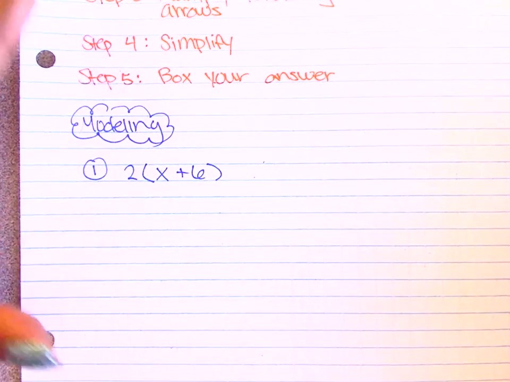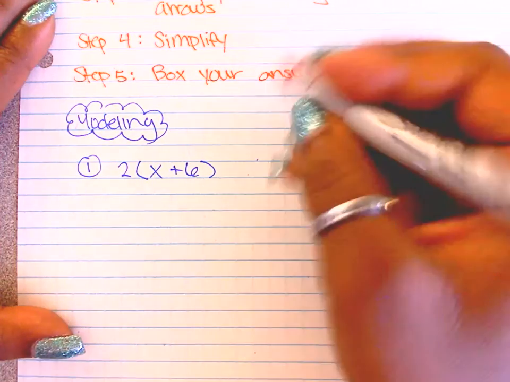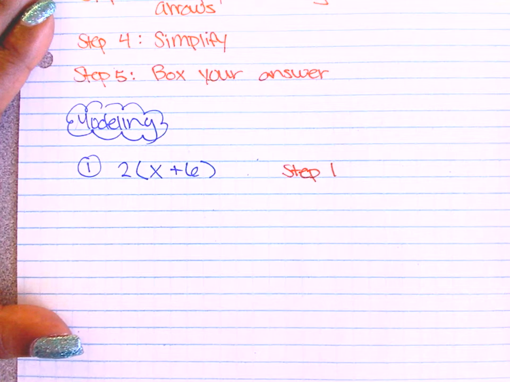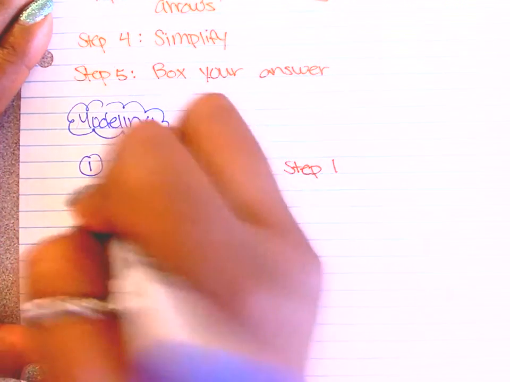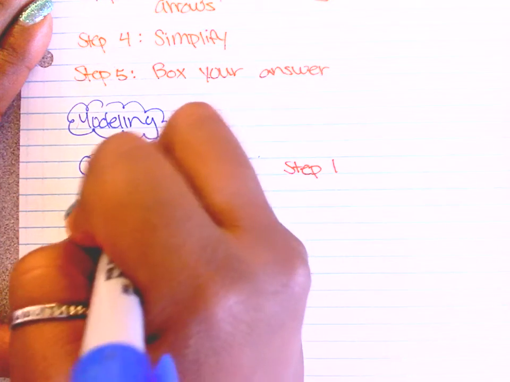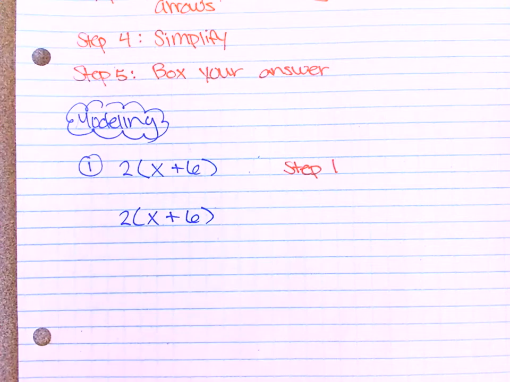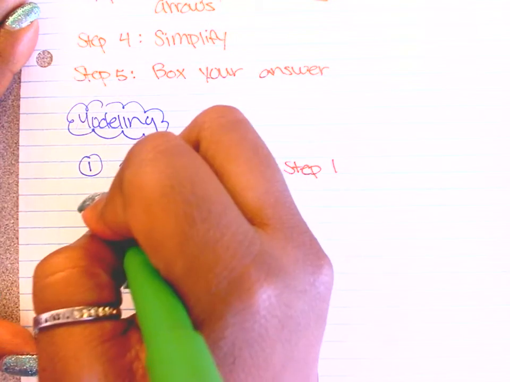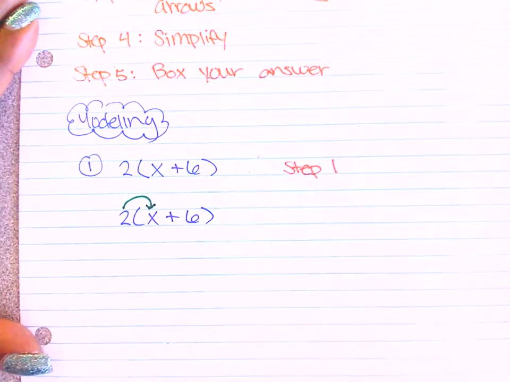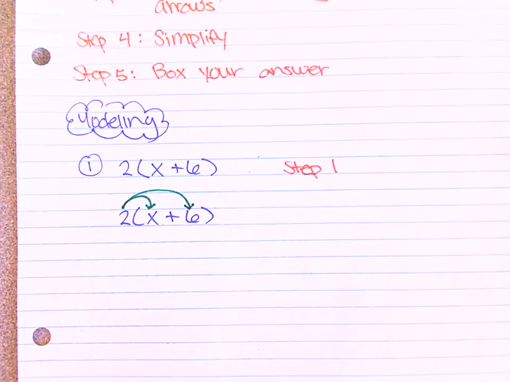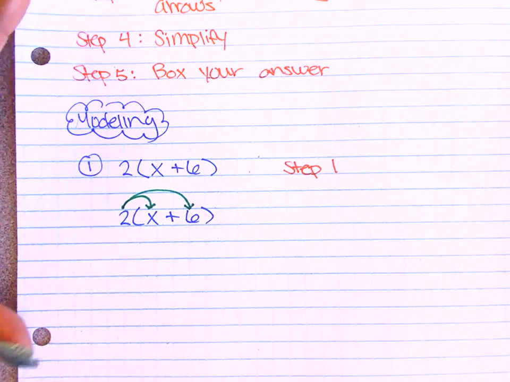Now the monomial in this problem is already written for us, so that is step 1. Now, what I mean by draw arrows is this. Step 2, I am going to draw an arrow from the outside number to the inside number, and from the outside number to the other inside number. That's going to tell me the numbers I am going to multiply.